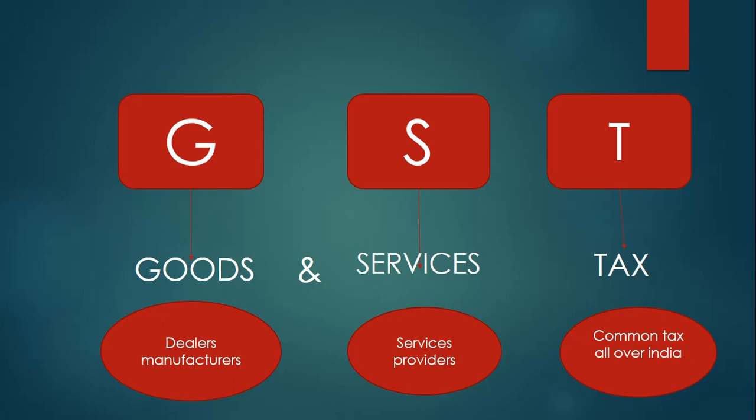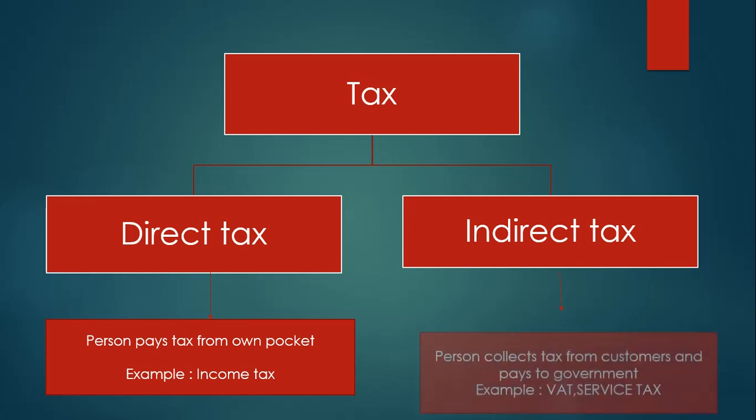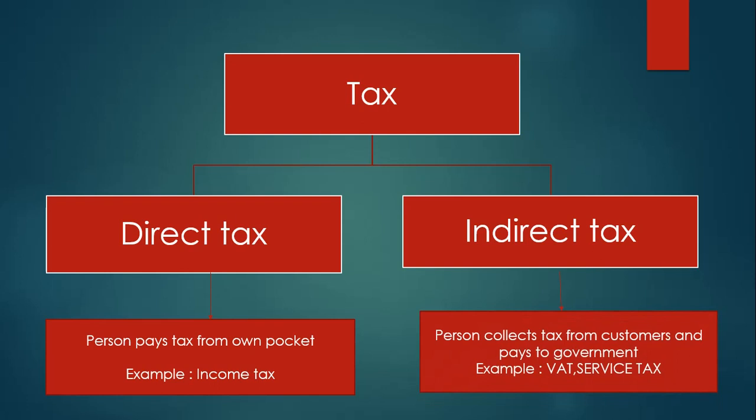Earlier, there were two types of taxes, direct tax and indirect tax. Direct tax is a tax which is paid from the person's pocket. Example, income tax. But indirect tax is that tax in which a person collects tax from customers and pays it to the government.